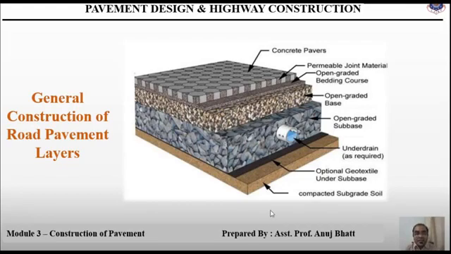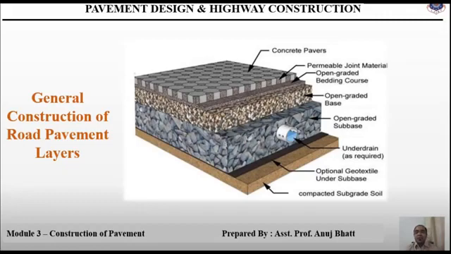So basically this says that when the monsoon occurs, the rainwater percolates in the pavement layers through the soil mass as a kind of gravitational water, and it reaches the subgrade soil.